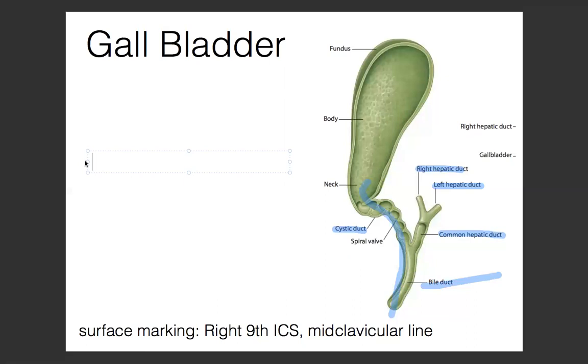Together they form the bile duct. The bile duct you see coming into the pancreas is formed of the cystic duct, which is coming from the gallbladder, plus the hepatic duct or common hepatic duct, which is coming from the liver. Both of them together form the bile duct.